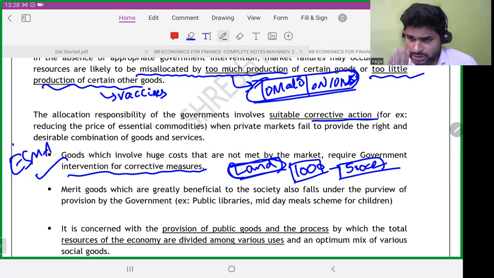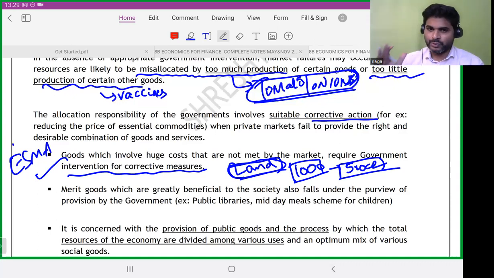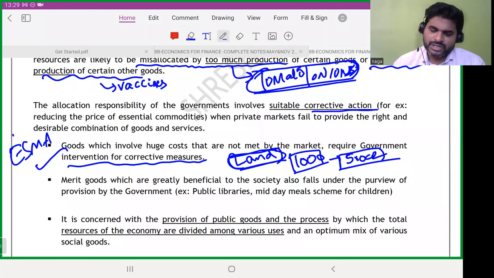And there are certain issues because of government doing all these functions. There is another side, corruption, all of those things do happen. We will cover that later in Unit 2. What are the issues of government involvement in the resource allocation function? And yes, merit goods which are greatly beneficial to the society also fall under the purview of provision by the government.